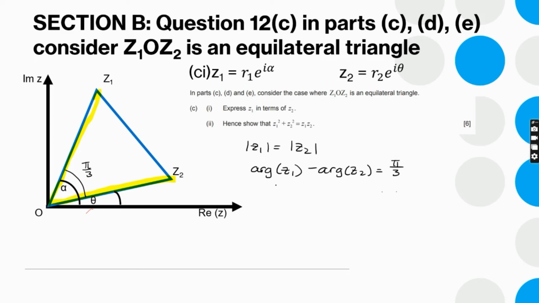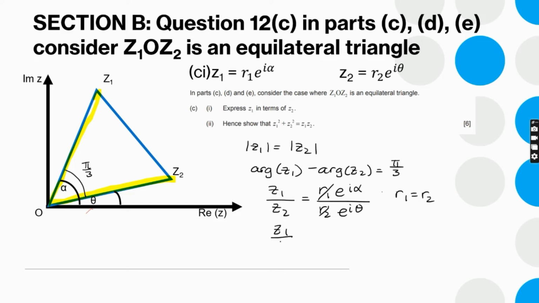I'm going to put Z1 over Z2. So that gives me R1 e^(i alpha) over R2 e^(i theta). Since this is an equilateral triangle, we can assume that R1 equals R2, so I can cancel them. When you divide, you subtract the arguments.